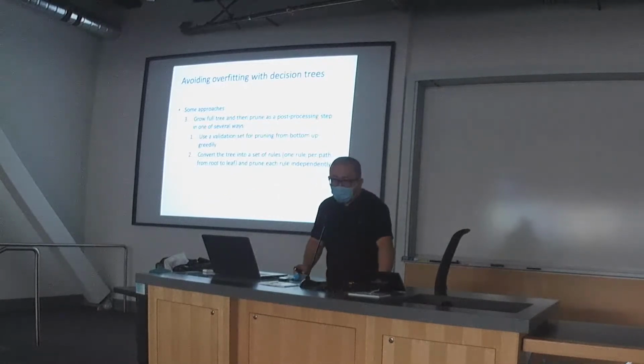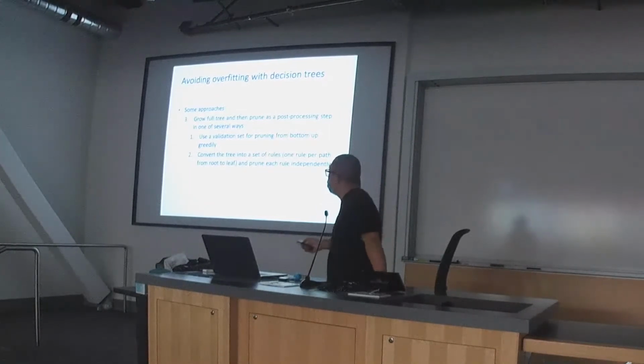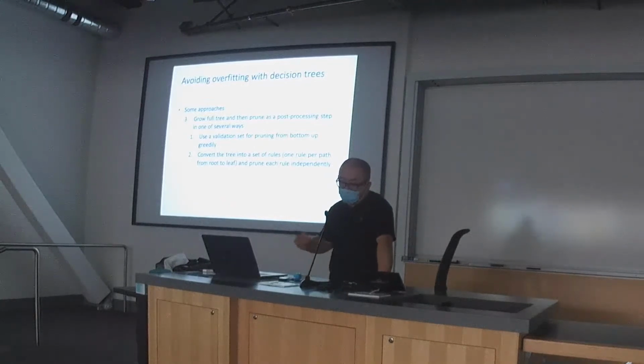And the third strategy is to do post-pruning. Right? So we can first grow the tree without caring about the size. I grow it as large as possible, and then I do a separate stage to prune the tree.